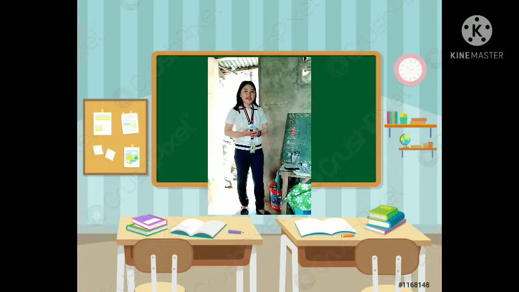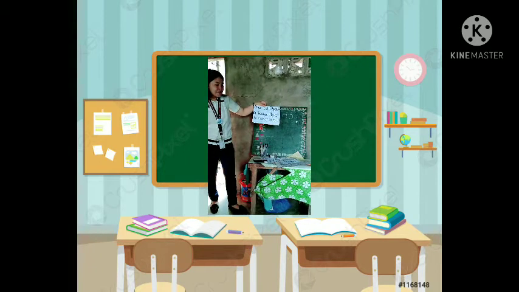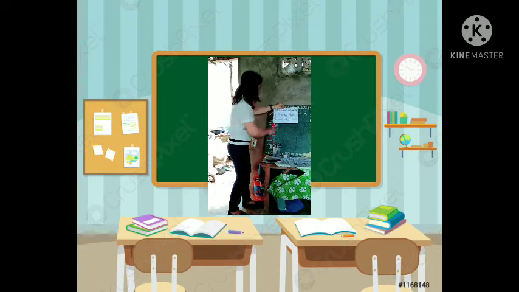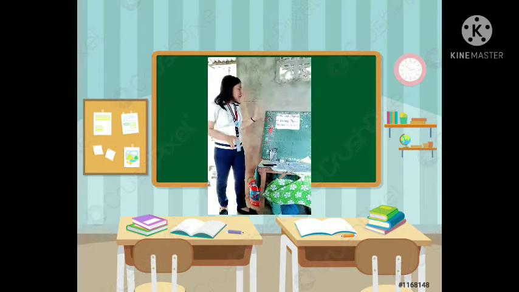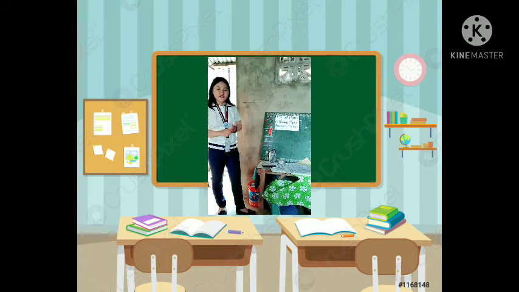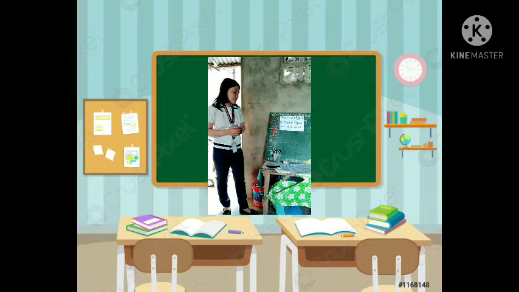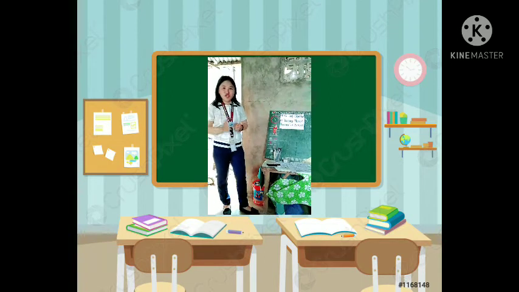My topic is all about the aims and objectives of teaching physical science at school. What is the difference between aims and objectives? Aims are long-term purposes, while objectives are short-term purposes. For example, aims are like an ambition.